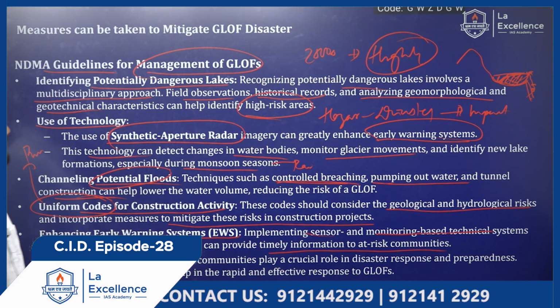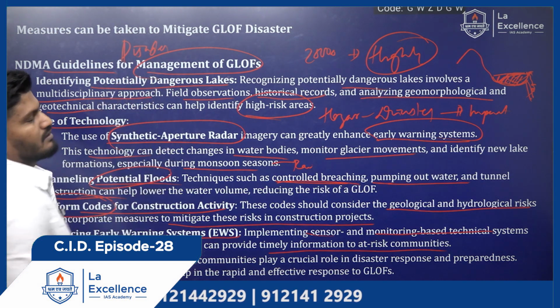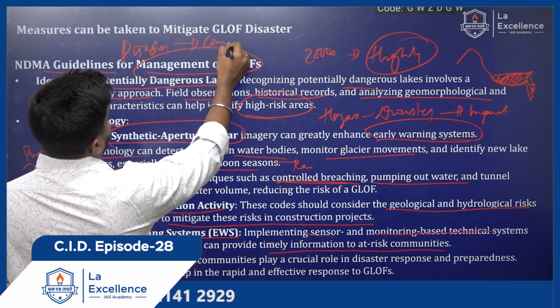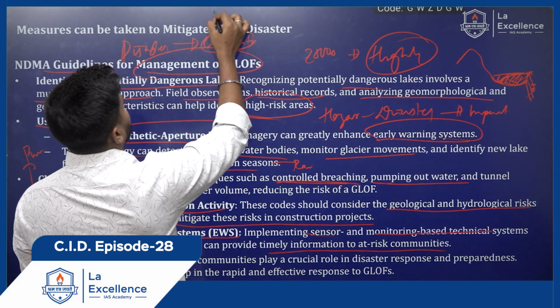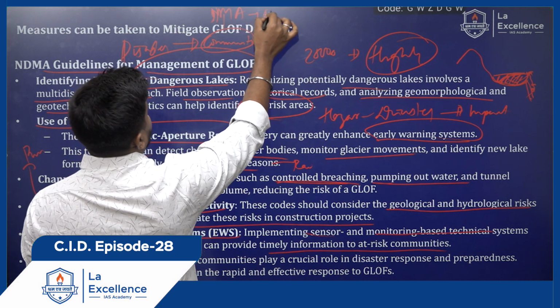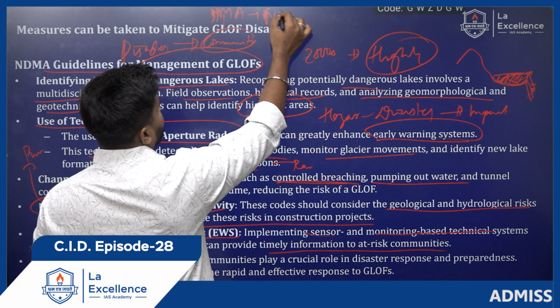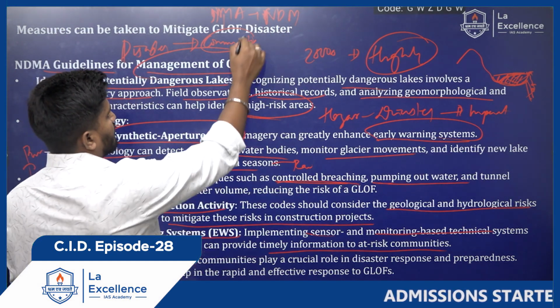Whenever there is a disaster, the most important thing is keeping the community safe. To keep those communities safe, we need the help of the disaster management authority and the forces, but it will take time for the NDMA forces, the NDRF, National Disaster Response Force, to arrive in the area.